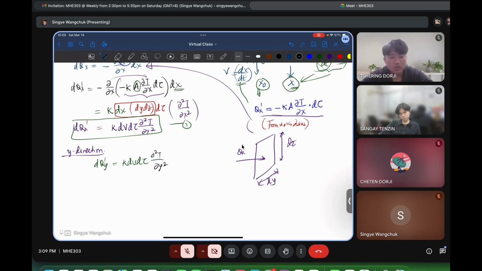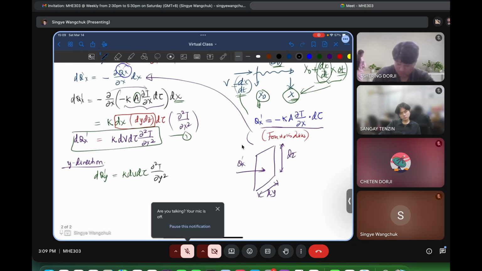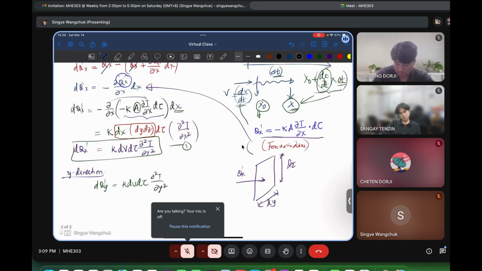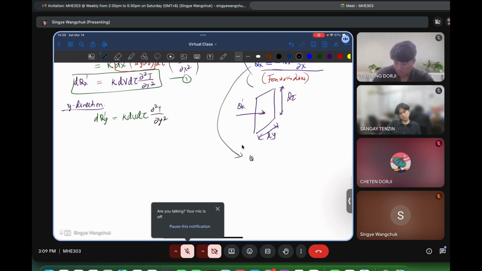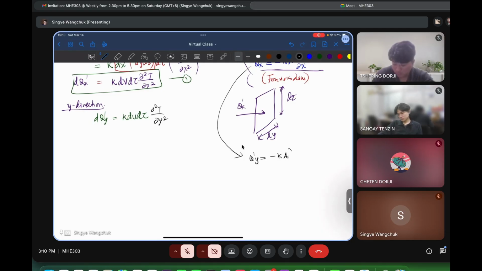The same way, the area and q' x, similarly q' y will be minus of k A ∂T upon ∂y times dτ.